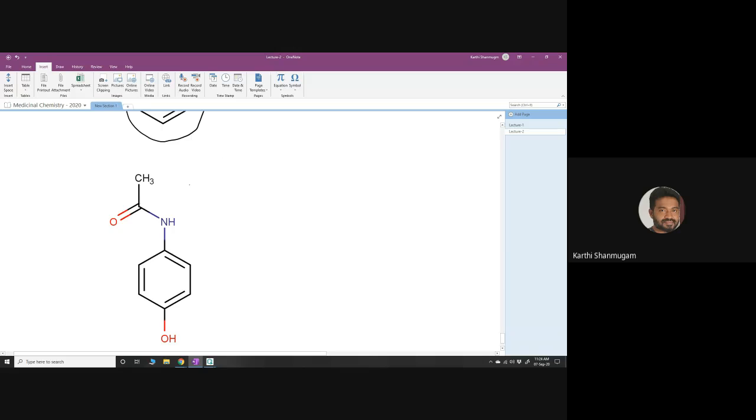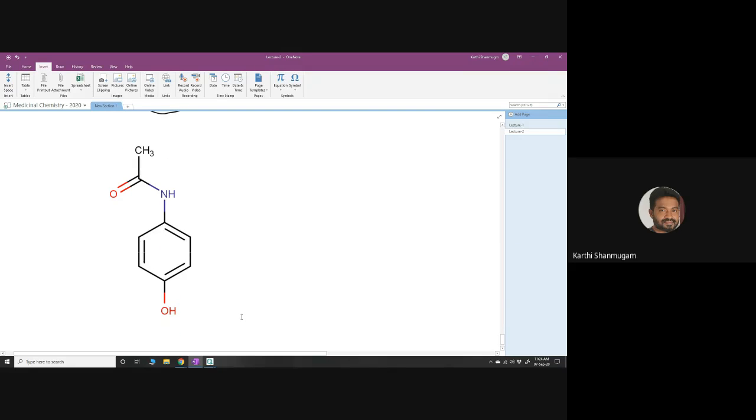Let's start with a simple one. This one, I just highlighted. Your job is simple: you have to tell the name of that functional group. Hydroxyl group. Okay. Any other? Okay, this one. Amide group, sir.